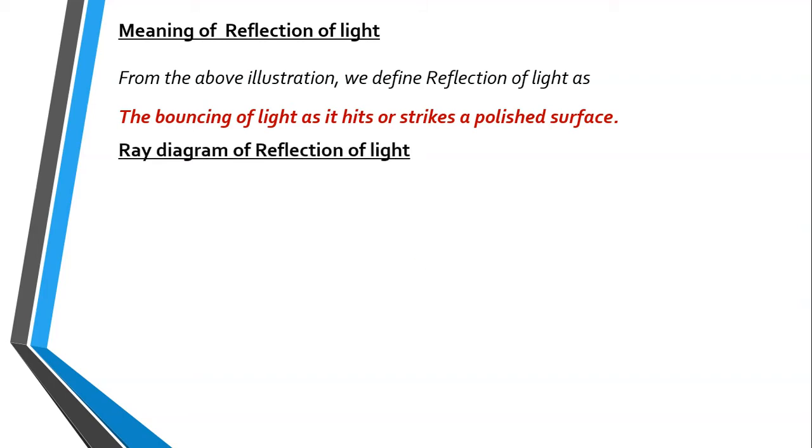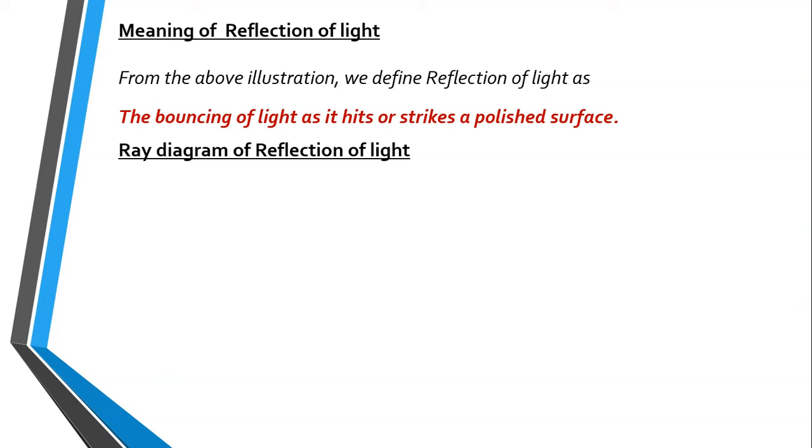Now, the ray diagram of reflection of light is the way you draw it on paper. The demonstration we saw earlier is not to be drawn as such on paper, but there's a diagram that you must learn how to draw that represents the ray diagram of reflection.